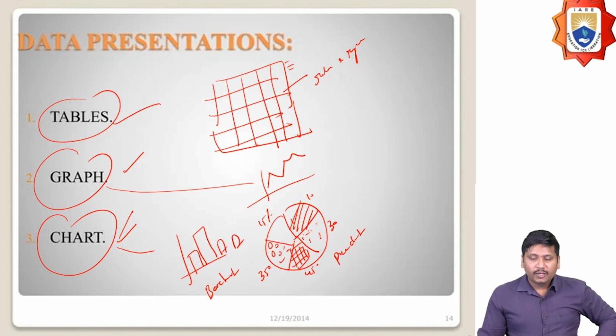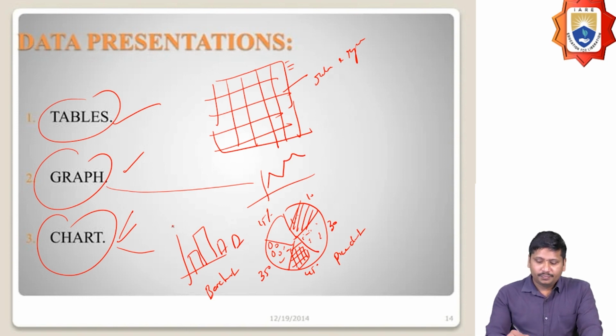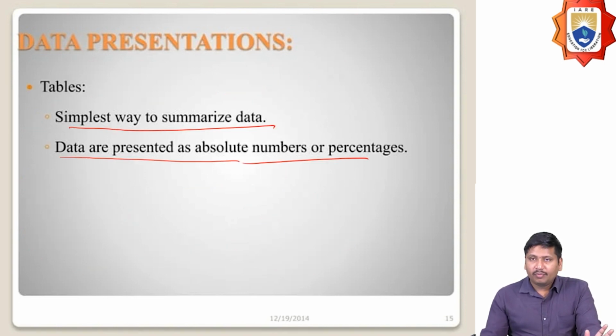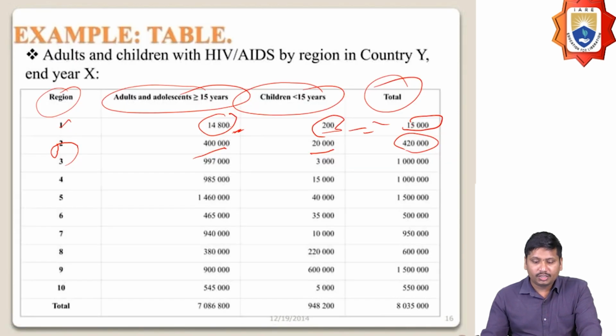Similarly, we can represent graphs as a bar graph or a line graph like this. And charts can be a pie chart or bar chart, so different notations are there for representing that. The table is the simplest way to summarize the data and present it in different values, numbers, and percentages.